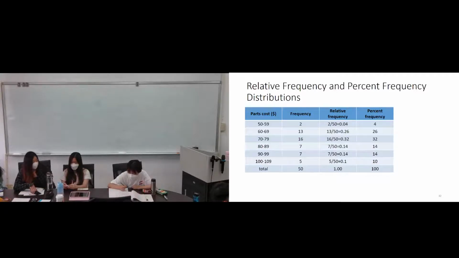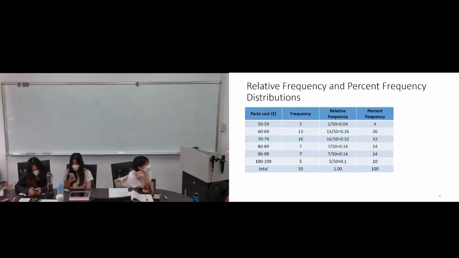The fourth class, 7 out of 50, is 0.14, or 14%. From 90 to 99, 7 over 50 is 0.14, or 14%. From 100 to 109, 5 over 50 is 0.1, which is 10%.